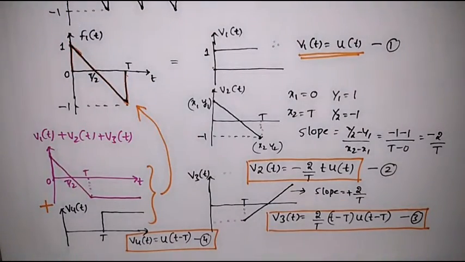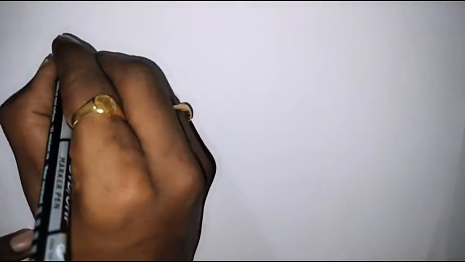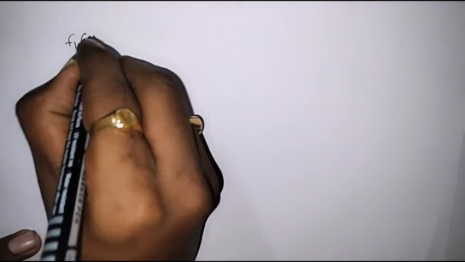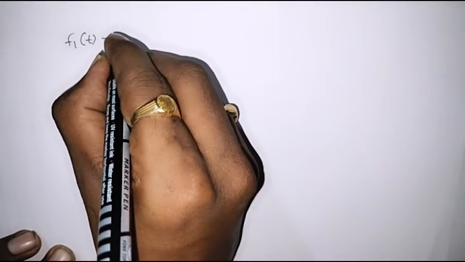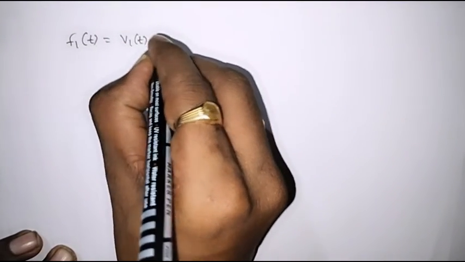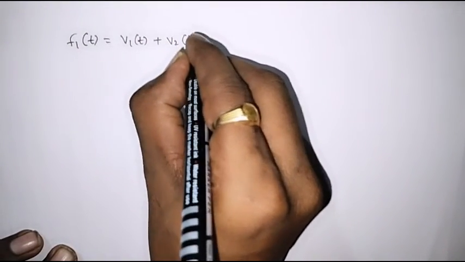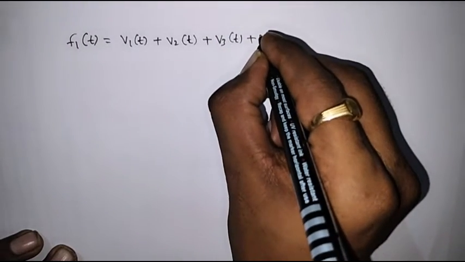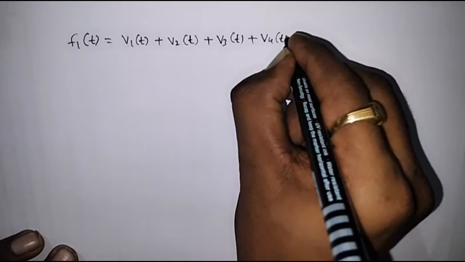Now we'll add, so therefore my first cycle, that is f1 of t, is equal to v1 of t plus v2 of t plus v3 of t plus v4 of t.